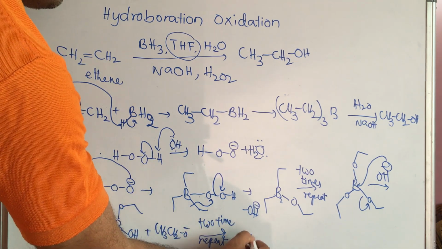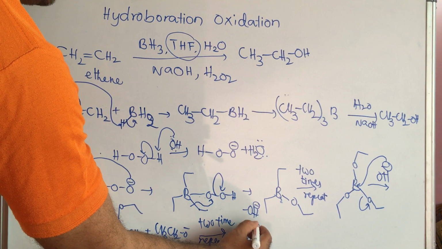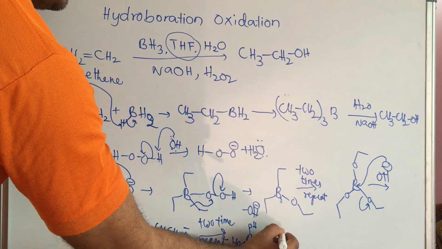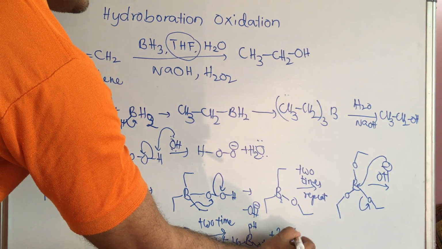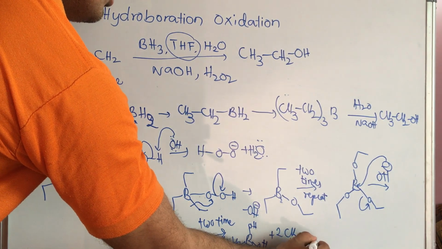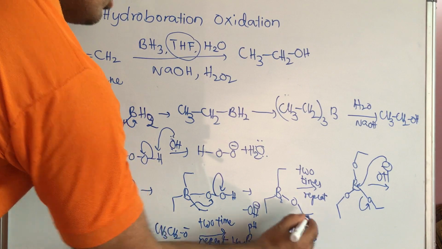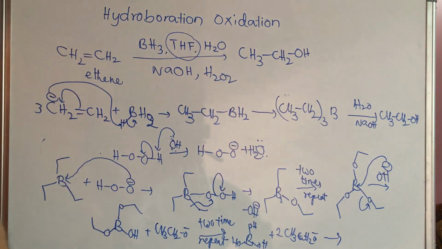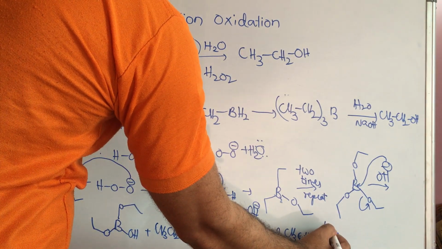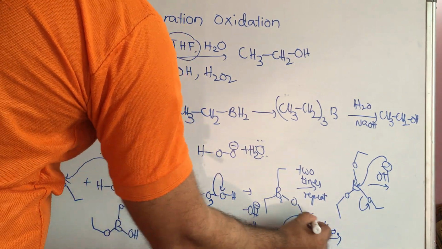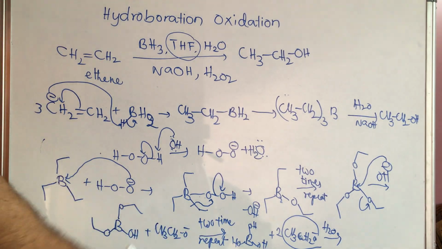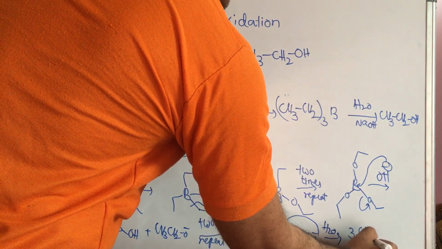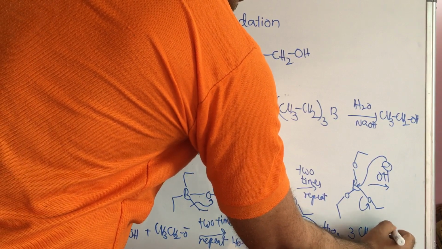Like this we will get B(OH)(OH)(OH) and the remaining 2 CH3CH2O minus. This one reacts with a water molecule. Like this, how many are there? 2 plus here 1, 3. It forms 3 moles of CH3CH2OH.